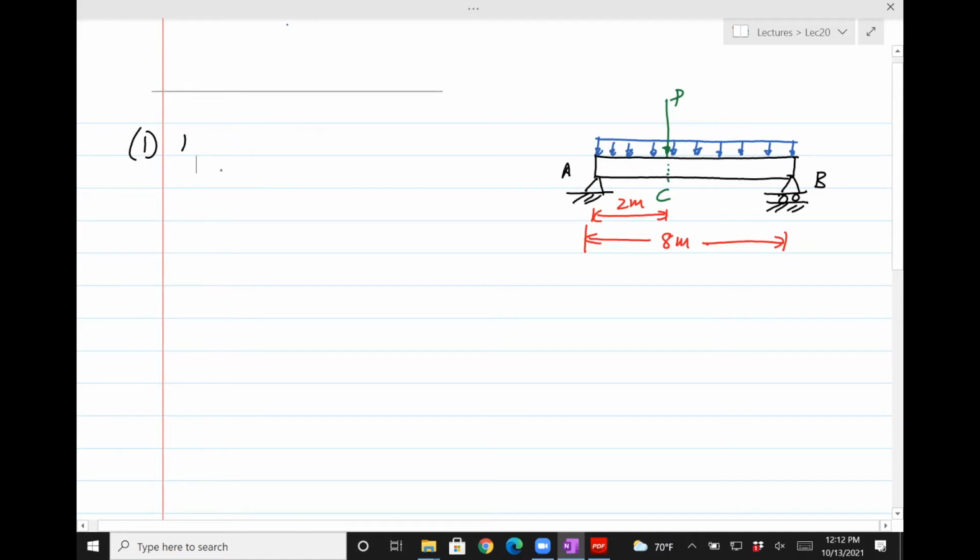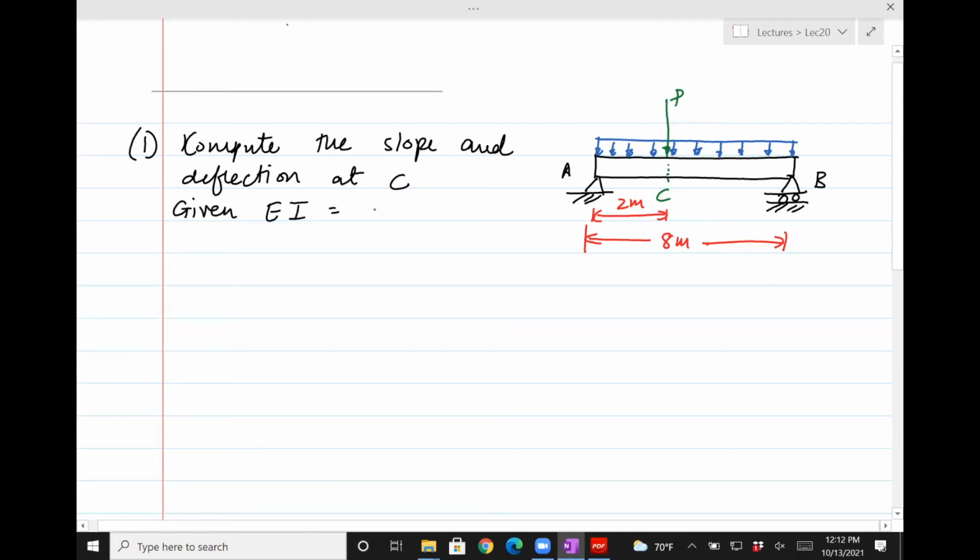Or compute the slope and deflection at C. You're given that E times I is 100 mega Newton meter square.